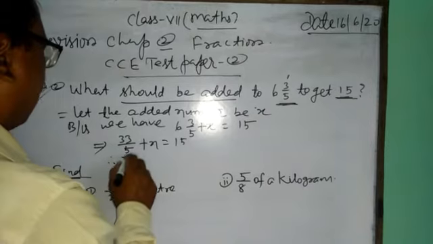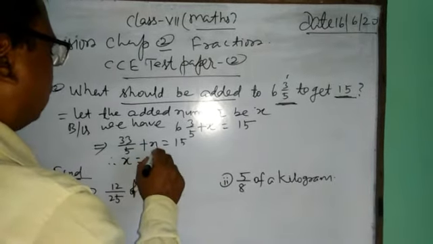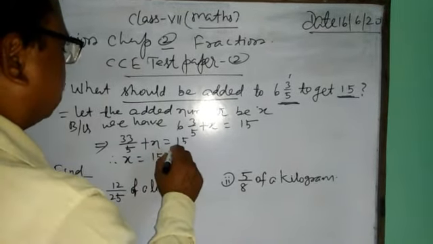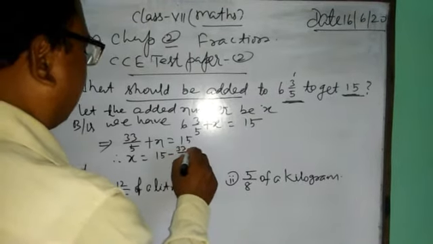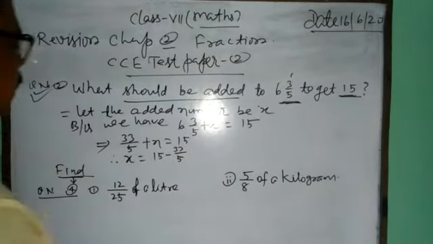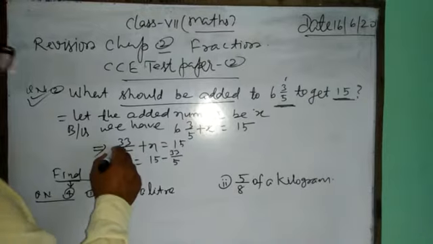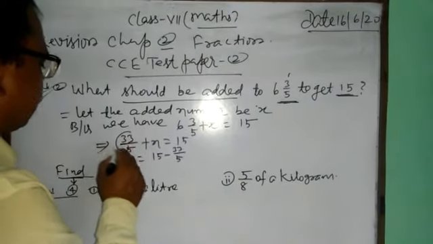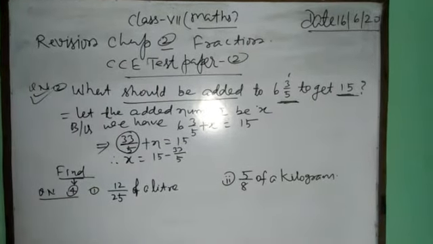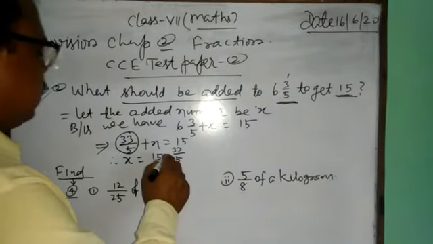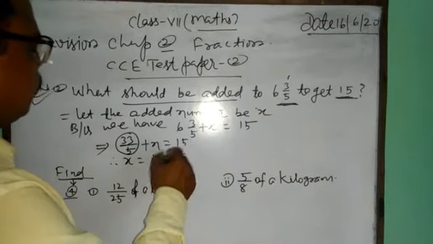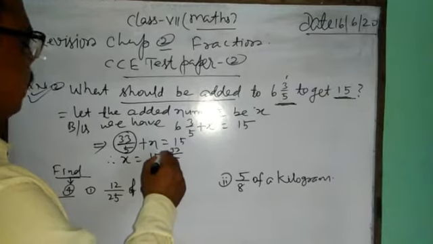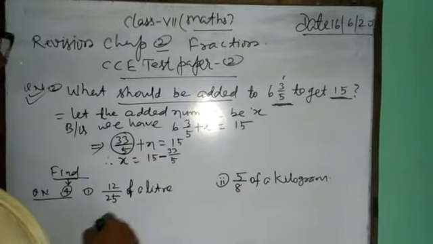Therefore x is equal to 15 minus 33 by 5. Transposing from left to right means opposite sign, plus to minus.